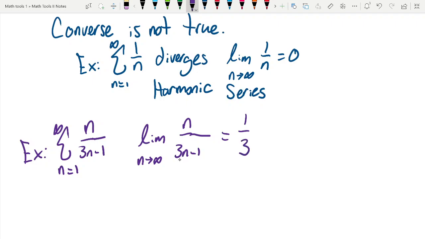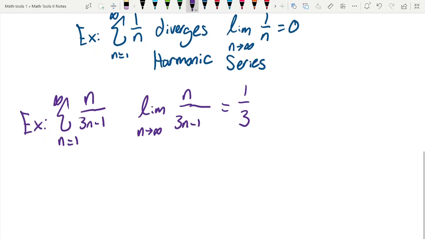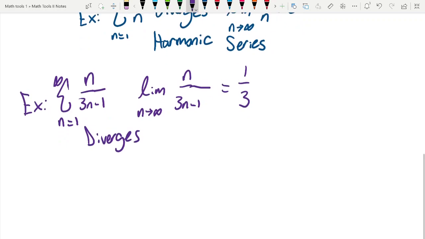The pattern for these kinds of sequences is that it's just the ratio of the leading coefficients, but you can show this by factoring, or even L'Hopital's rule would work out fine. So we know right away that this diverges, and we don't need to do any more work here.